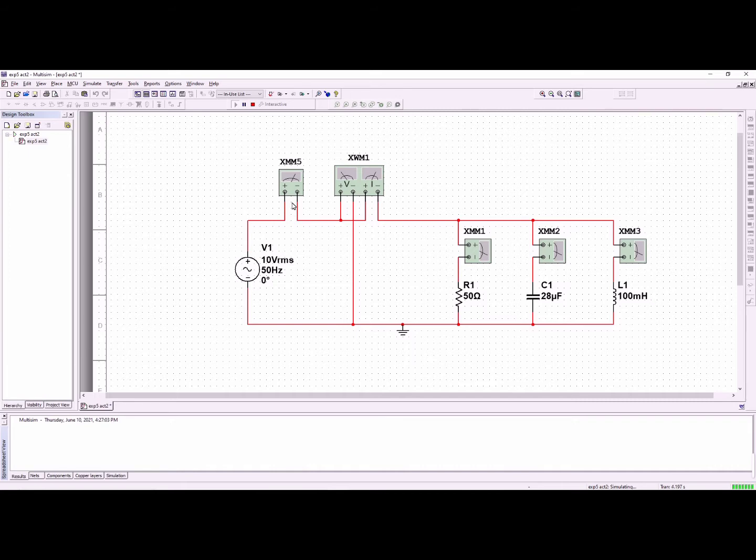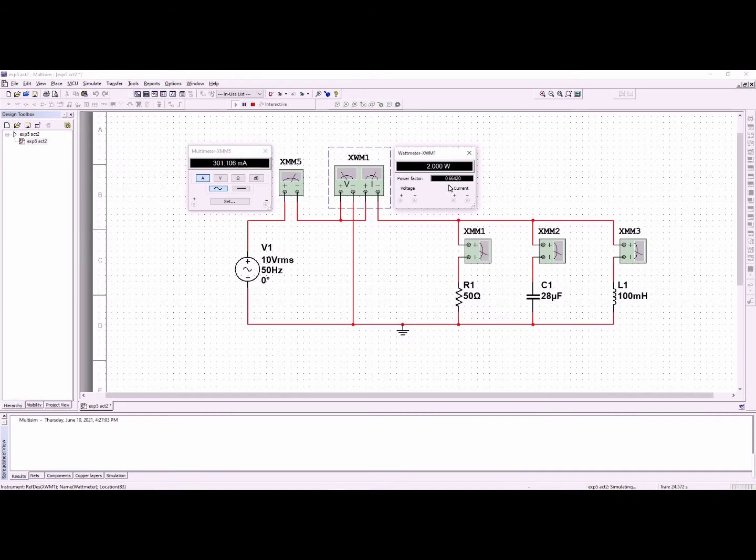Then we double click the multimeter to show the total current that flows through this circuit. Next, this indicates the power that flows through the circuit, which is 2 watts, and the power factor is 0.66420. The current through the resistance R1 is 199.997 milliampere.